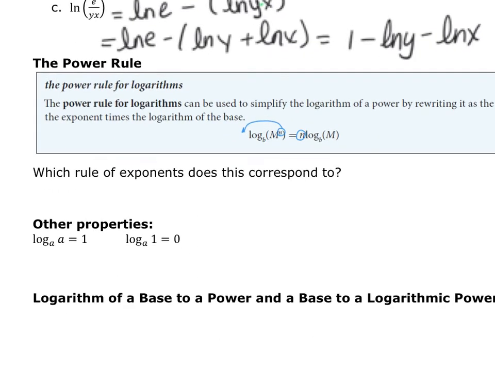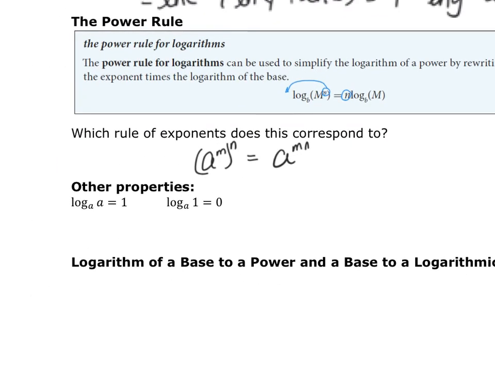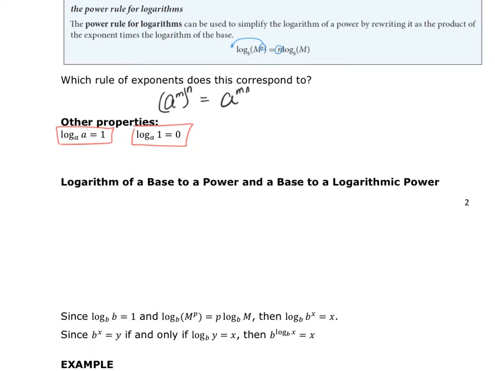The correspondence to this is if I would have had a raised to the m raised to the n power, then notice it is a multiplication of those powers. And logarithmic functions are just exponentials. That's all it is. They're just exponents. We've talked about this in our previous section, so these are kind of important. Consider writing those down on your note card.